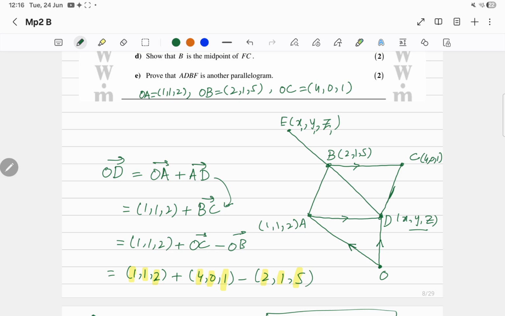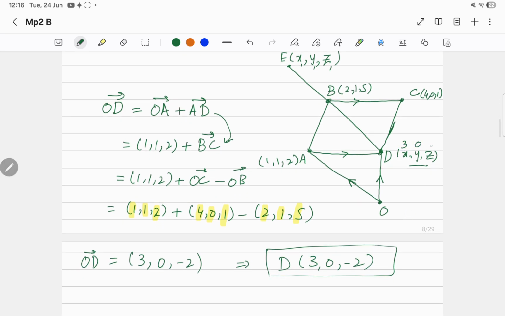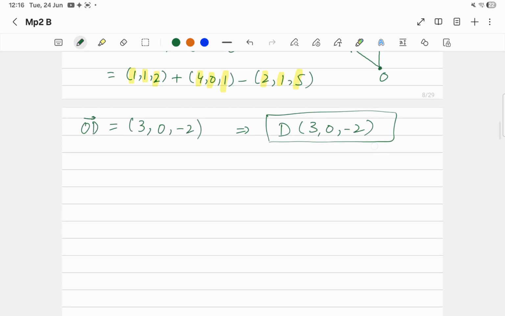We already worked out the coordinates of D, which are 3, 0 and minus 2, and B is the midpoint of these two points.